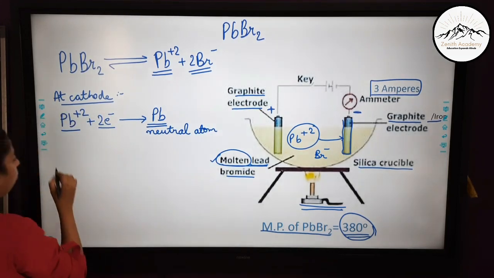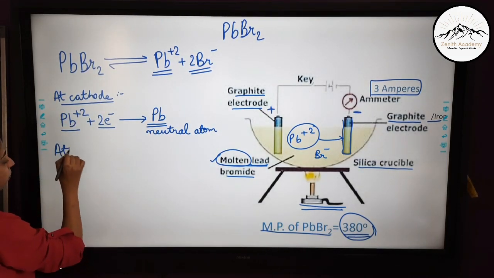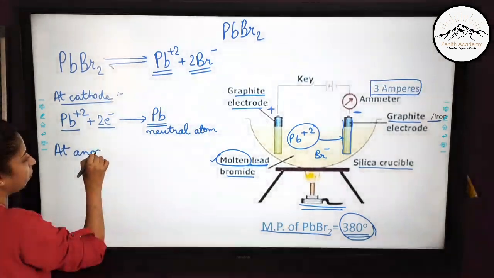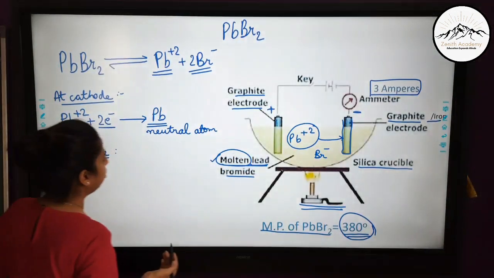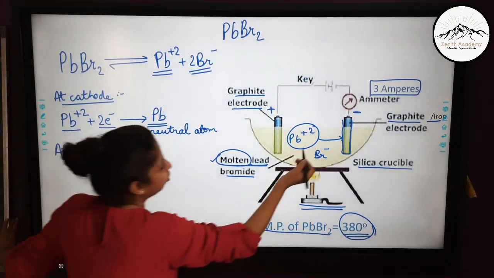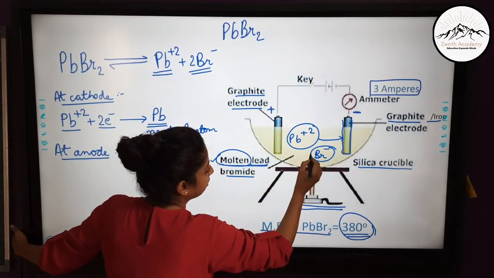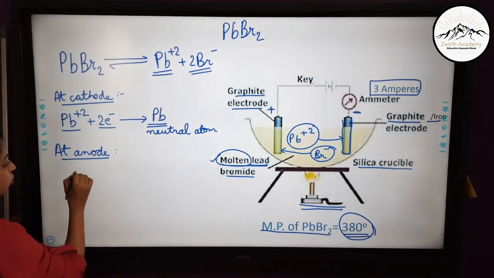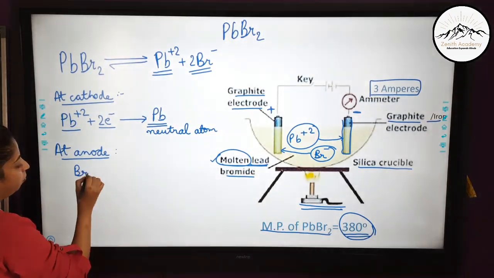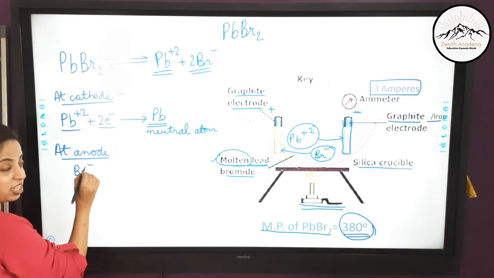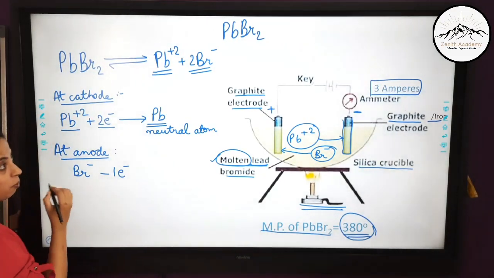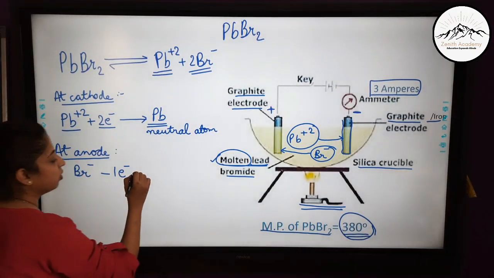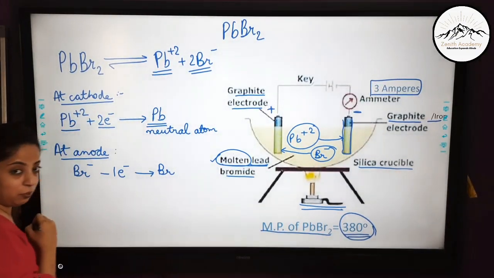Now what happens at the anode? Now we all know the anode is a positive electrode. So now what will go towards the positive electrode? Your bromide. The bromide ion has an extra electron, so it gives away its electron, because the anode accepts electrons, and it forms a neutral bromine atom.